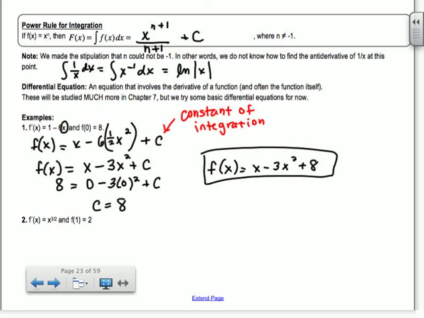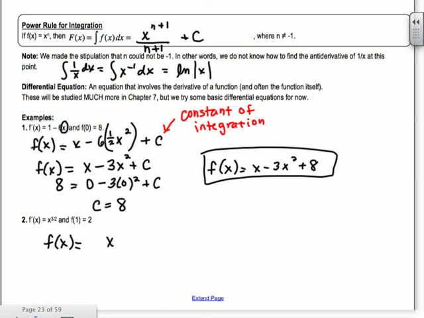So f prime of x is x to the 3 over 2, so that means f of x is x to the, add 1 to the power, 5 over 2. Yeah, 5 over 2. Not crazy, am I? And then 2/5 out front, plus c. So f of 1 is 2, so I get 2 equals 2/5 times 1 to the 5 over 2 plus c.